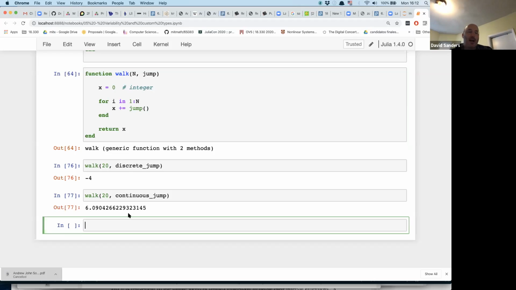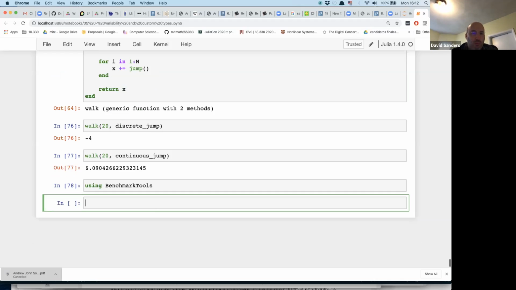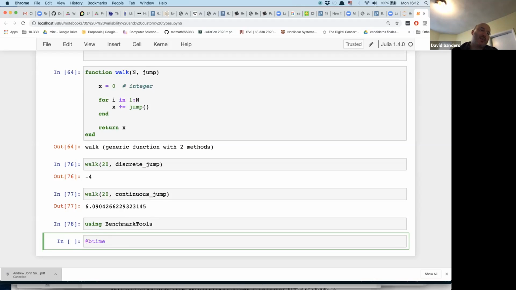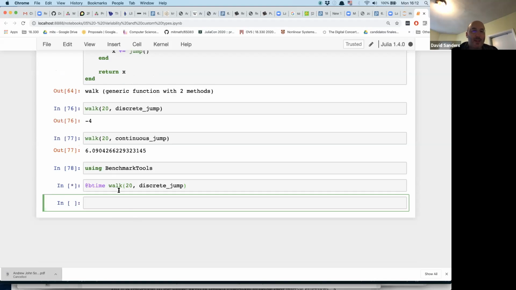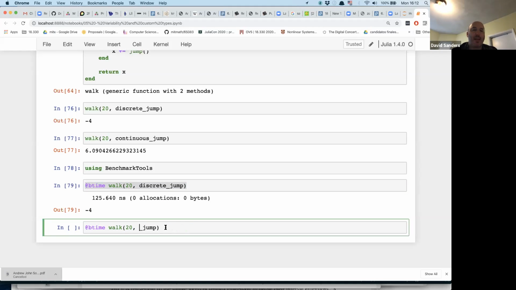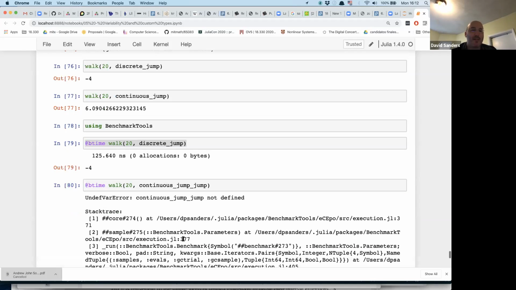And so, if you run, okay, maybe I don't know if I should do this. Let's try. I'm going to time, using the benchmark tools package, each of these and see which one's faster.